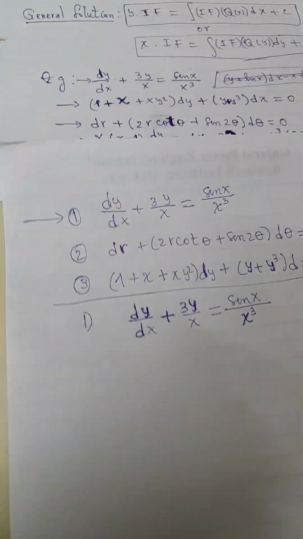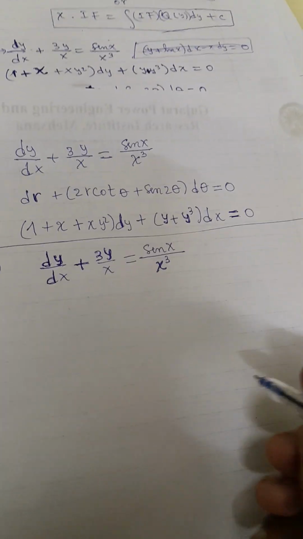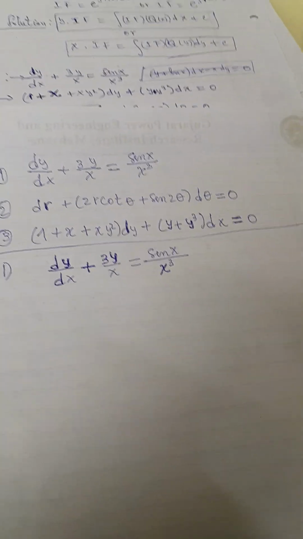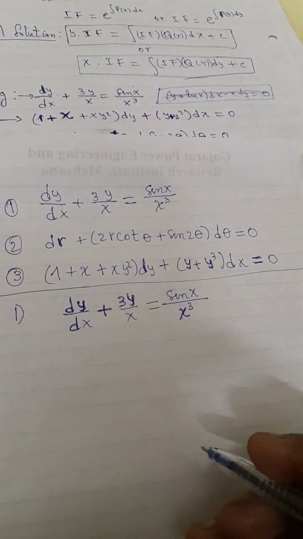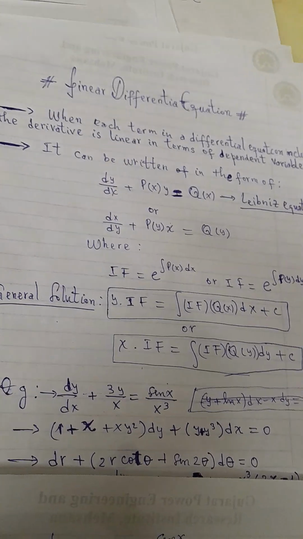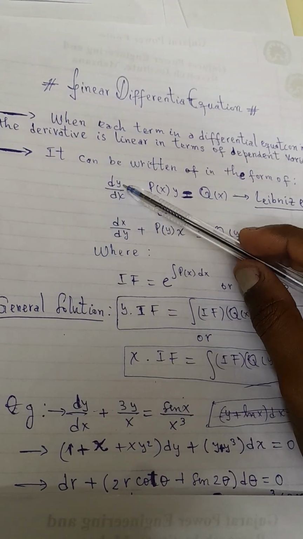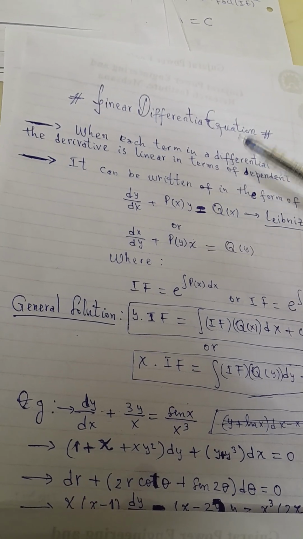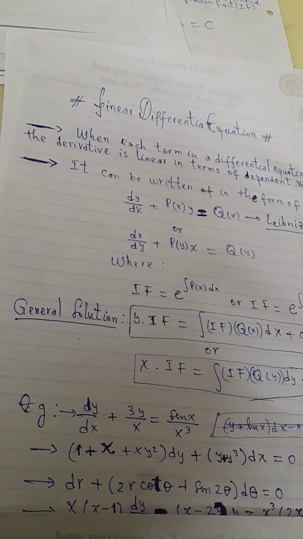Now check. The first thing you have to see is whether we can reduce this function to the form. We just have to see where our linear derivative is.